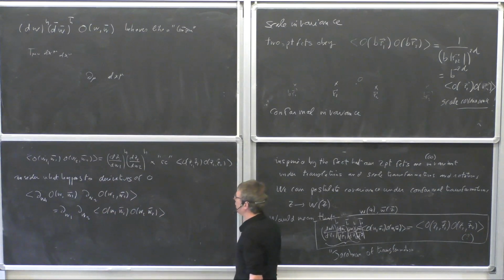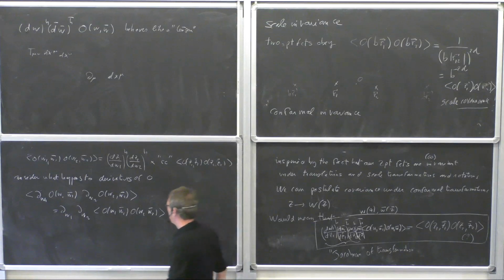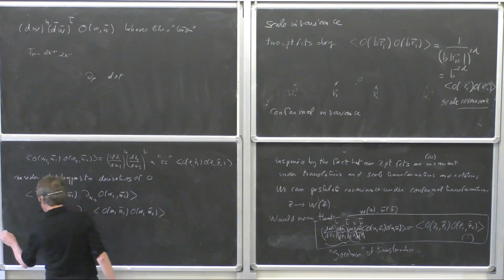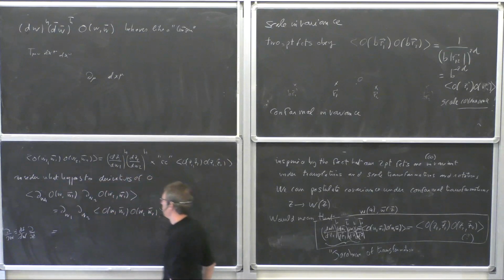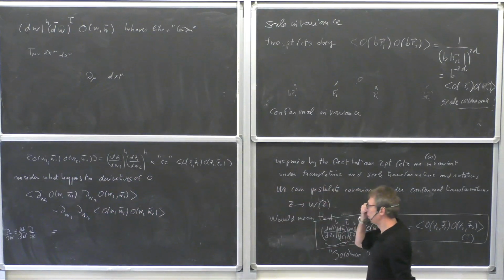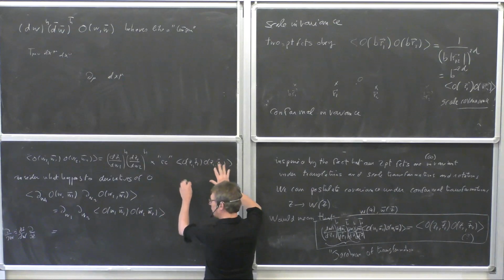Now, if this is true, I can calculate what I get when I look at this derivative. What do I get? Well, it's the dw1, dw2 of the right-hand side. And now, of course, d over dw is d over dz, dz over dw times d over dz. So when I calculate the action of dw1, dw2 on the right-hand side, I have several types of terms.